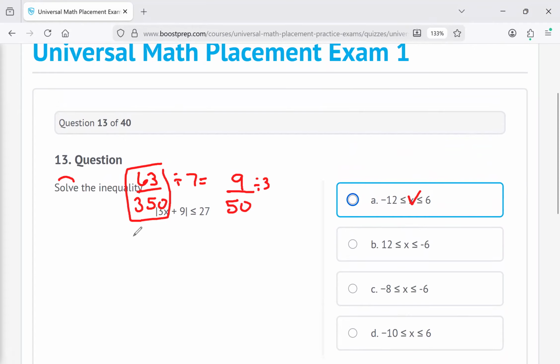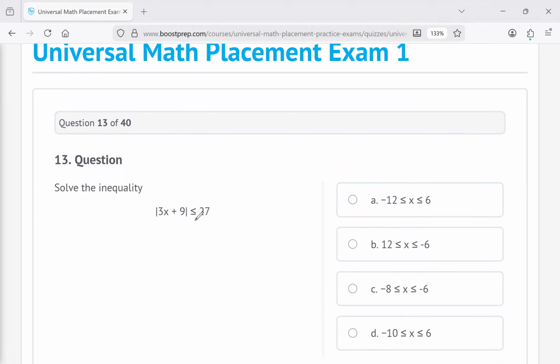We solve the inequality. We're dealing with an absolute value inequality. When you're dealing with absolute value inequalities or even equations, first make sure there's nothing near the absolute value.